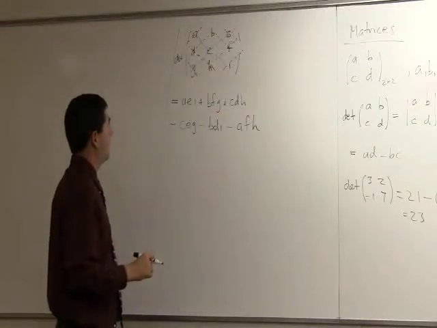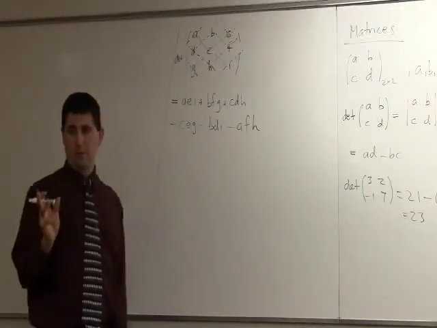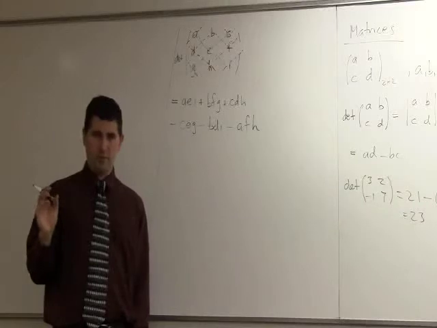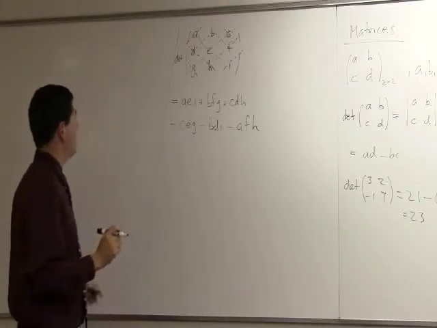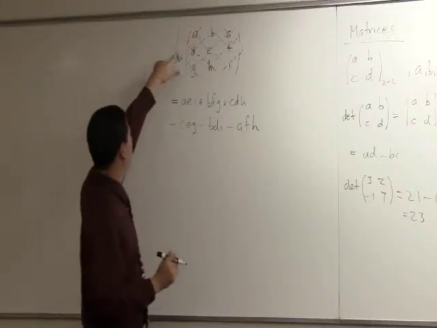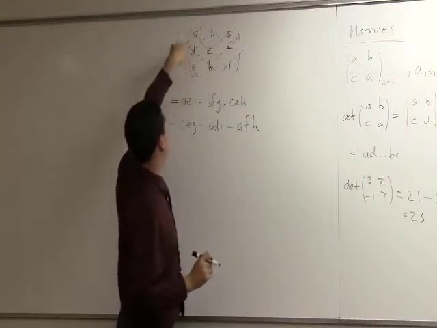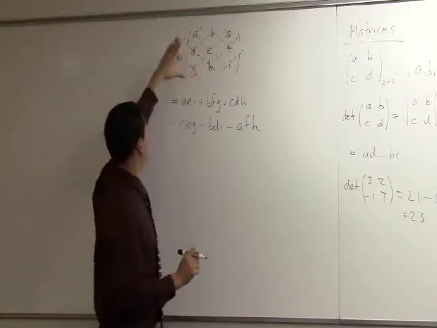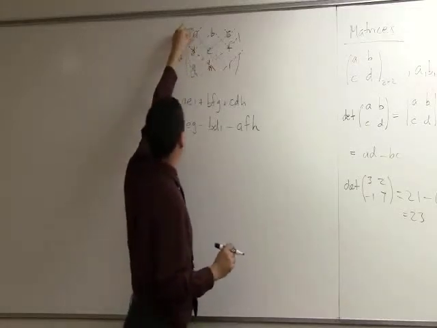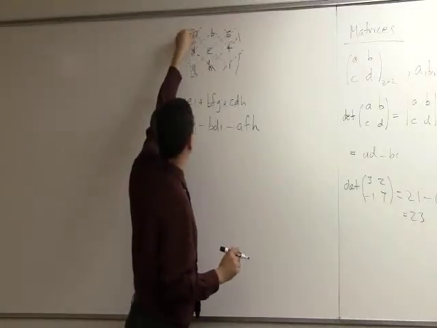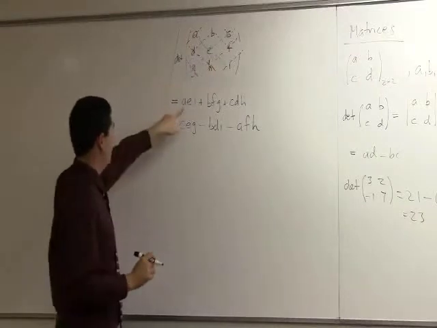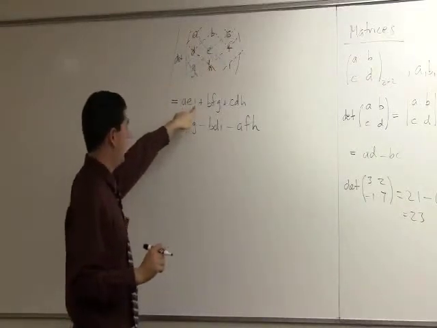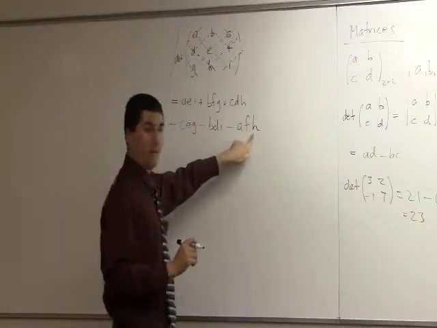Now, what I'm going to do here next is not unique. There's a lot of different ways that I could do this. But let's say I focused on, say, this column here. Another way to compute this determinant is to say, okay, let me start with A, and I note that here I have AEI, and here I have minus AFH.